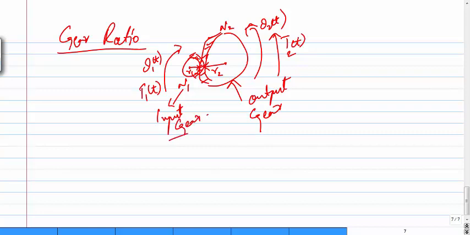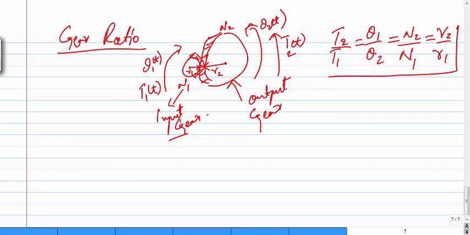Now we have to transfer from input to output, because normally whenever we look at the transfer function, we need some phenomena that we can go from input to output. So for that case, we have this relation: torque 2 divided by torque 1 is equal to theta 1 divided by theta 2, which is equal to N2 divided by N1, which is equal to R2 divided by R1.